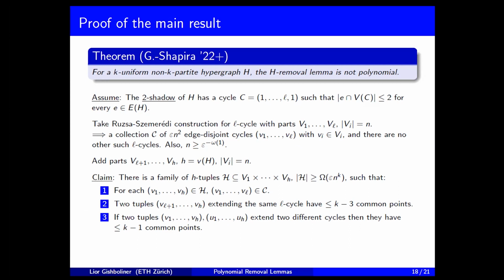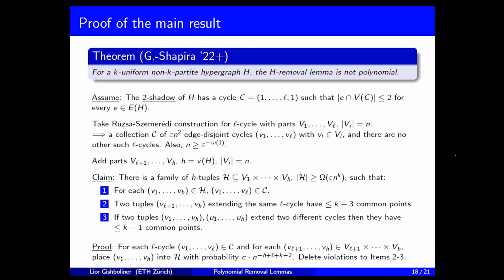The second is that if we look at two tuples that extend the same cycle, then they can share at most K minus 3 vertices. And the last property is if we look at two h-tuples that extend different cycles, then they can share at most K minus 1 vertices. So this maybe looks strange. I'll show you in a second why this is useful.